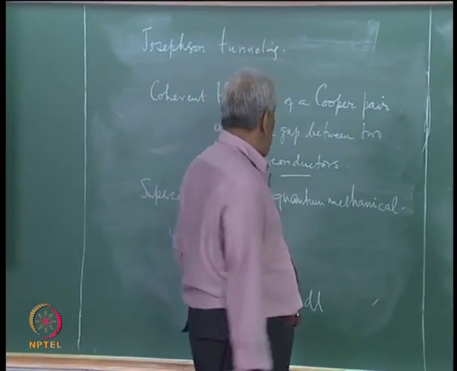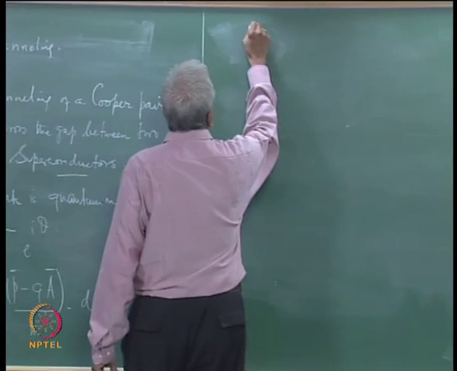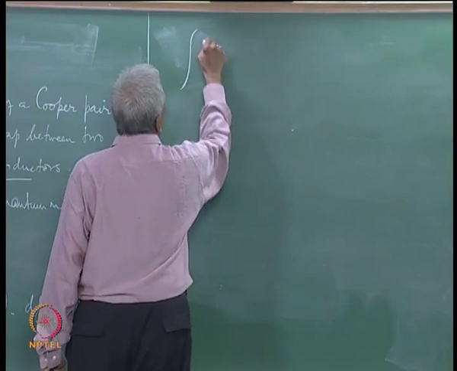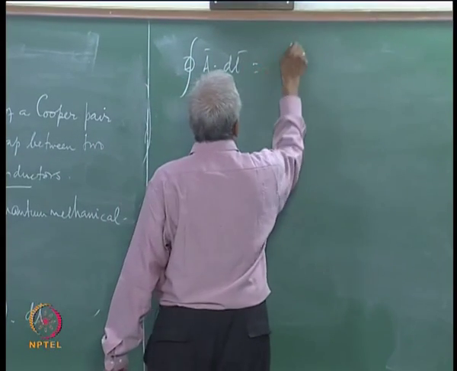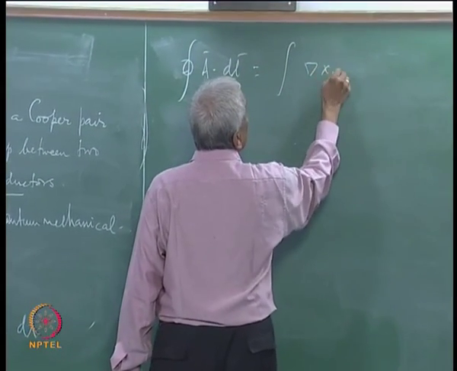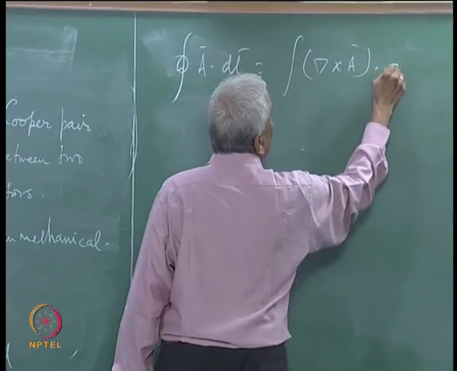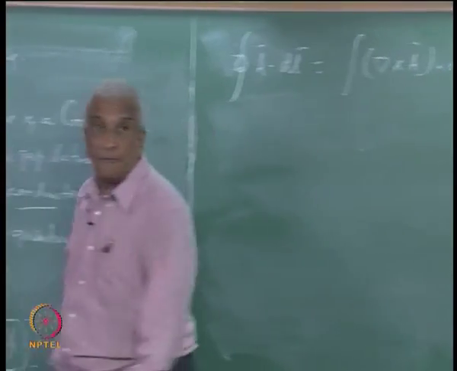In particular, it enables us, because the line integral A dot dl over a closed loop is related to the surface integral del cross A dot ds by Stokes theorem.